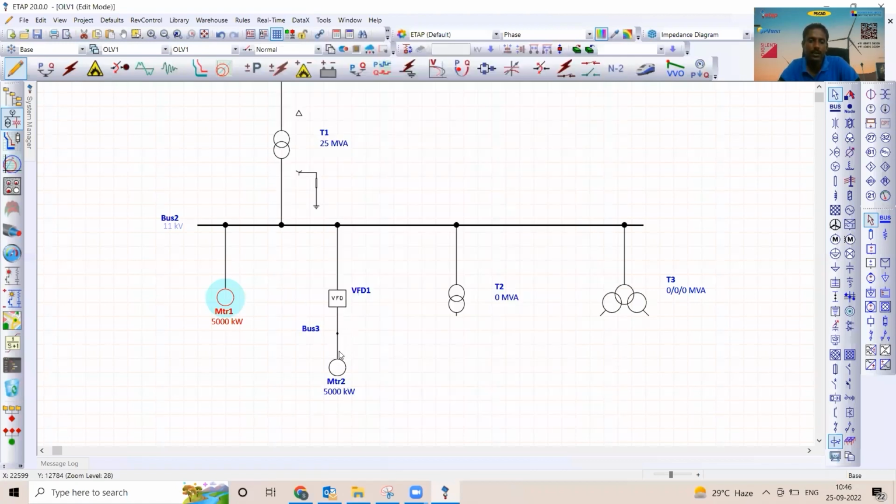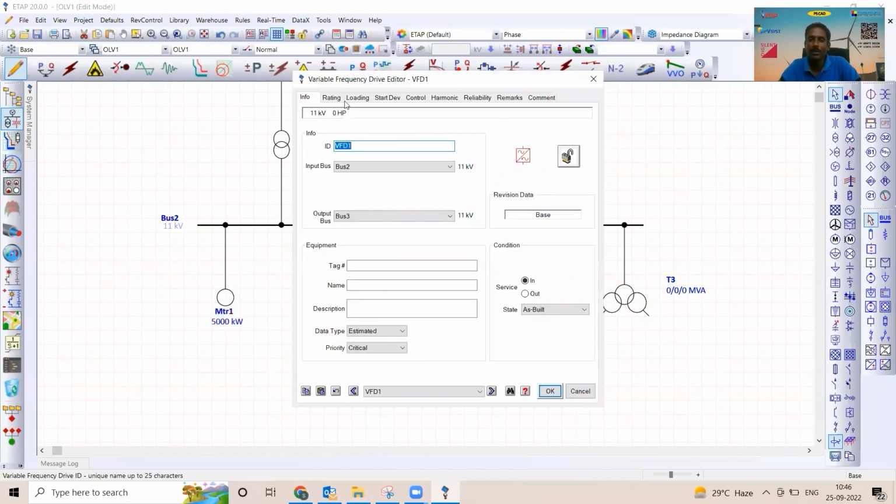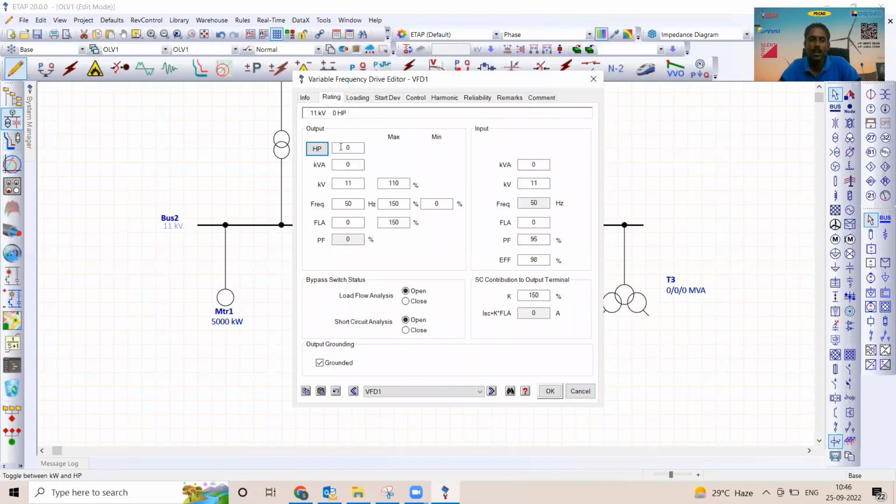I have connected the variable frequency drive directly at the motor terminal here, but there will definitely be a cable connecting the drive to the motor. Including that cable loss, the output of the variable frequency drive should be capable of meeting the motor's maximum power plus cable loss. And that brings up another important question: what should be the kVA rating of the variable frequency drive for that particular motor?